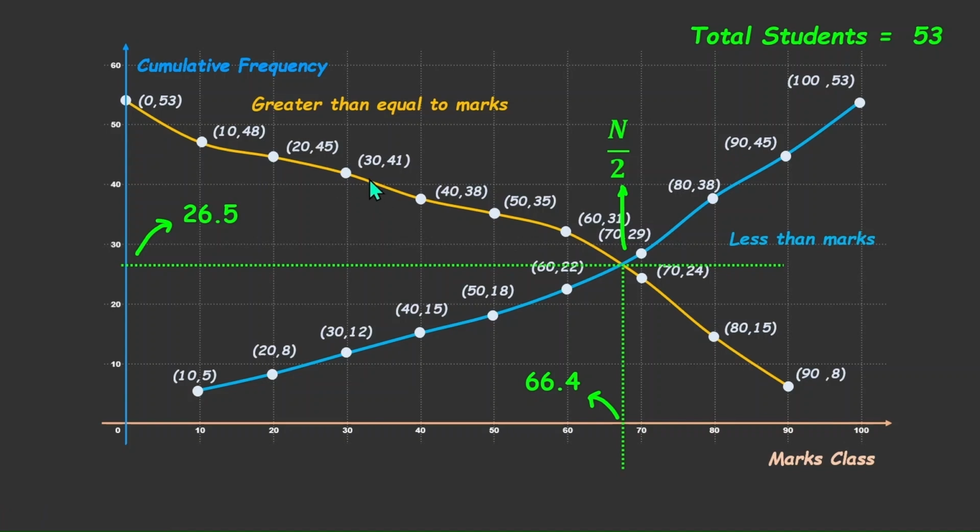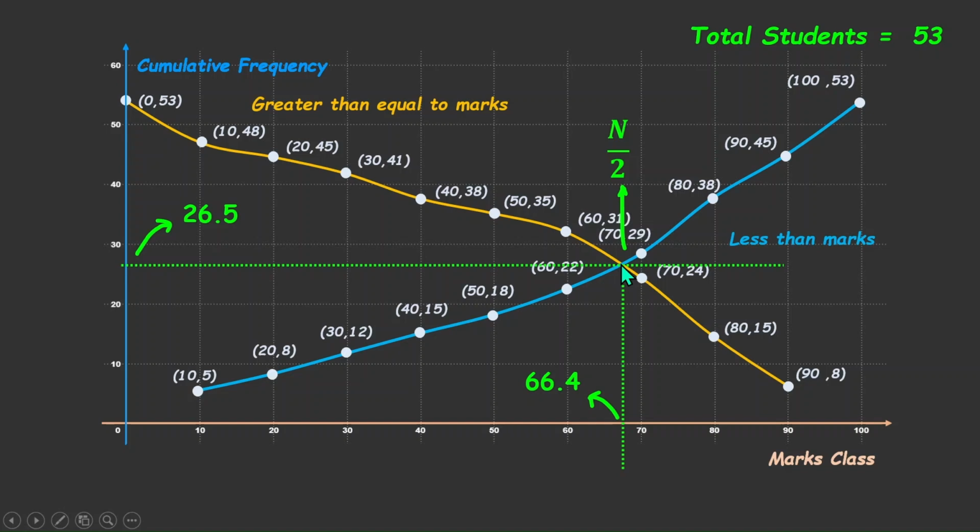So if this tells about greater than or equal to marks and this tells about less than marks, then the point at which they intersect, the marks at the intersection point would be the same for both the curves. And that means that at that mark, half of the students have gotten marks greater than that mark and half of the students have gotten marks less than that mark.